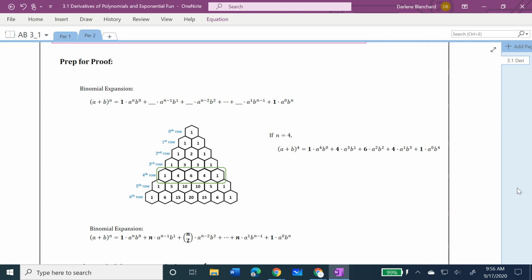If you remember binomial expansion, this is the idea of binomial expansion with underlines where numbers come into play and bold number ones at the ends to show that you're dealing with a row of Pascal's triangle. Whatever number n represents, you are looking at the nth row to fill in those blanks, as you can see over here, for if n is equal to 4.